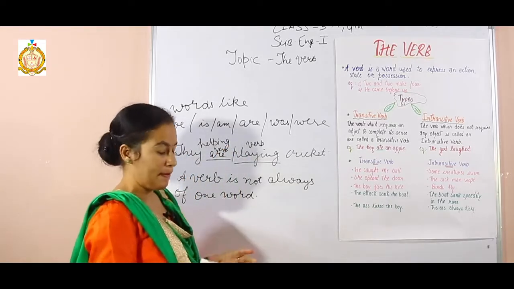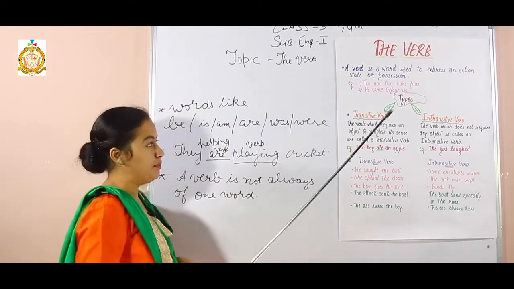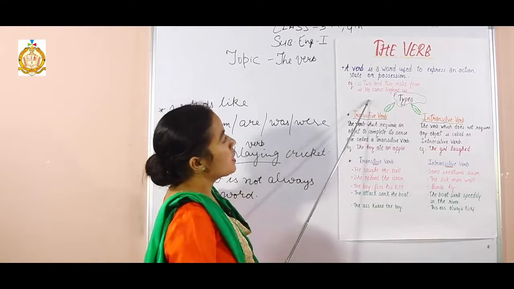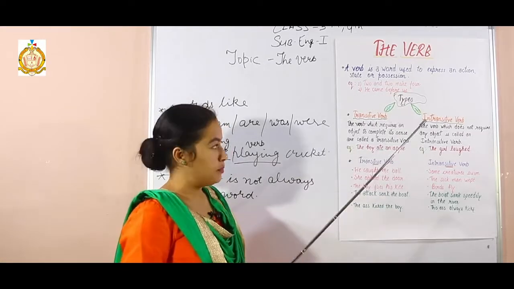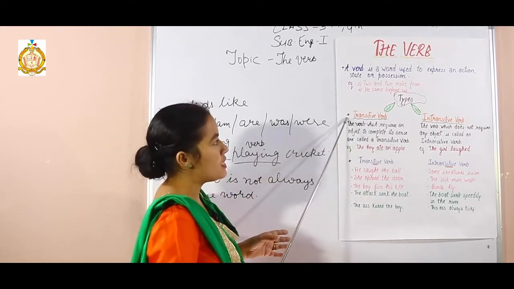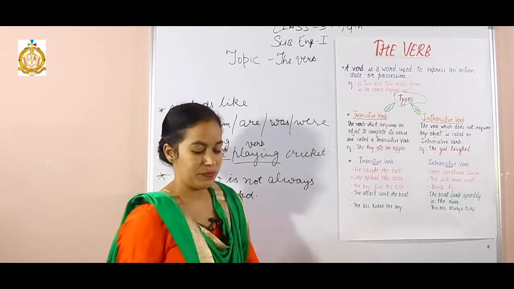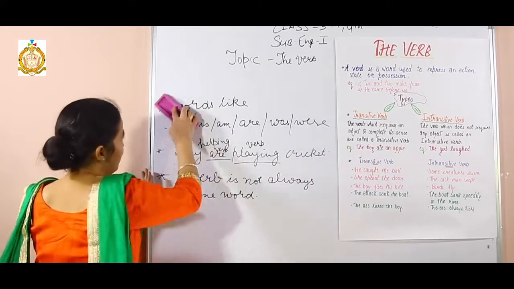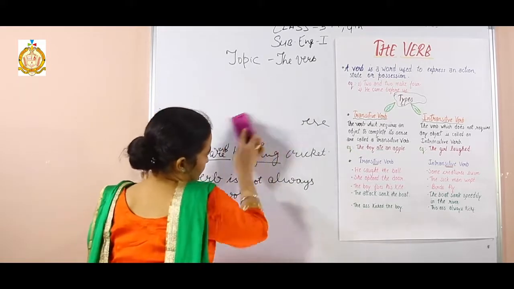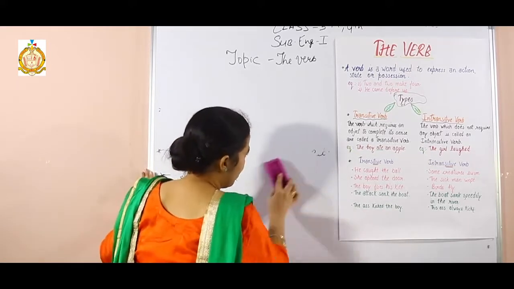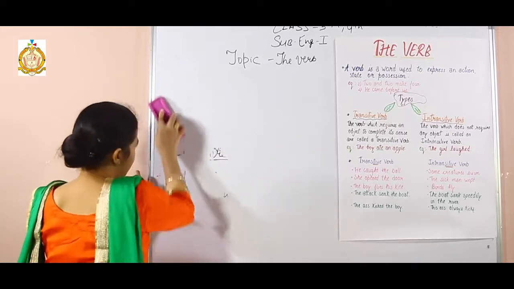Okay, now let's again, there are two types of verb. The first is the transitive verb. For more clarification, I will give you an example of a transitive verb.